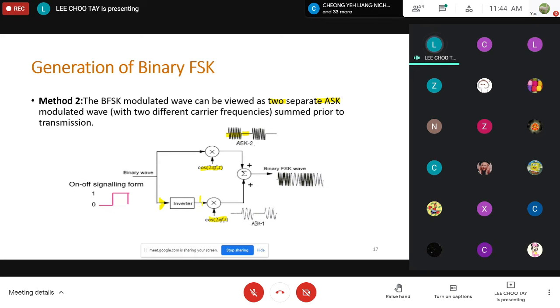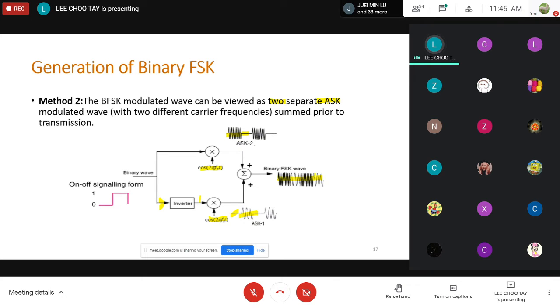So a 1 multiplied with the cosine of 2 pi f1t, then you have a carrier over here. But if the binary signal is 1, after the inverter it becomes a 0. So 0 multiplied with cosine, you get nothing. Therefore, a 1 will have 0 output as far as the second multiplier is concerned. Then after that, we just add these two outputs together, and that will produce our binary FSK wave over here.